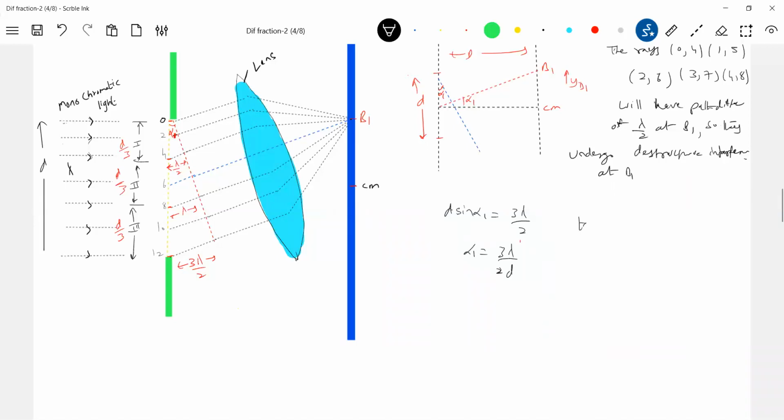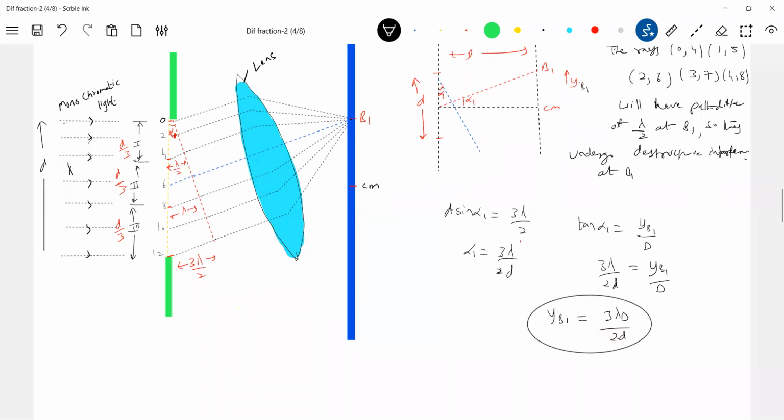Then from this, tan alpha 1 should be equal to y B1 by capital D. So y B1 should be equal to 3 lambda capital D by 2d.